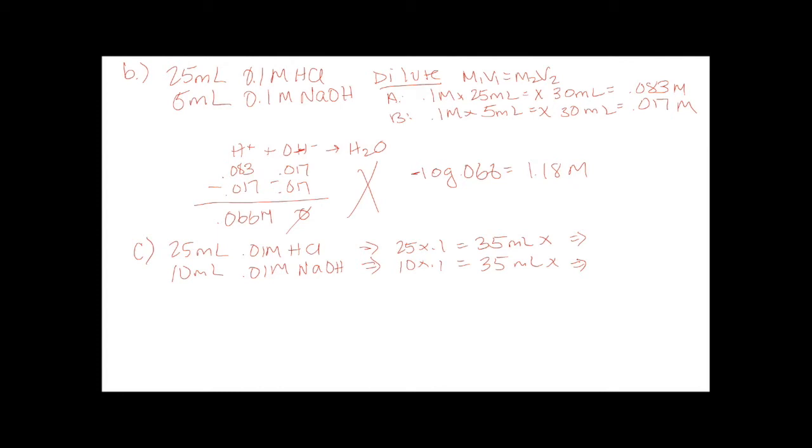I do 25 times 0.1 divided by 35, and I get 0.071 and 0.029. And again, that's what I have initially. Since I know how much I have and how much is reacting, I just subtract. And I get 0.042, and I get 1.38 as my pH.